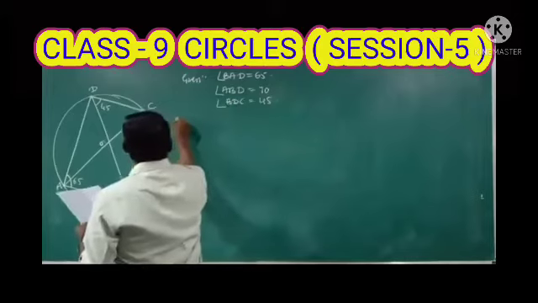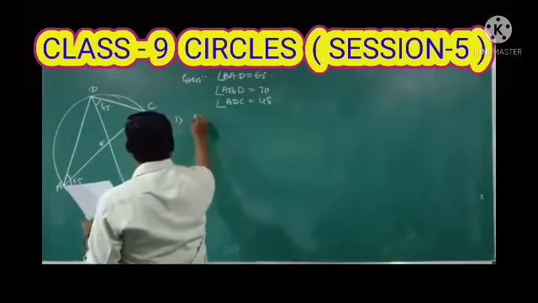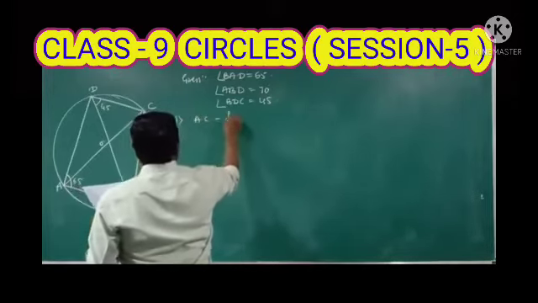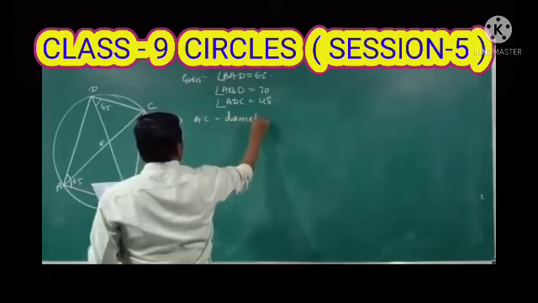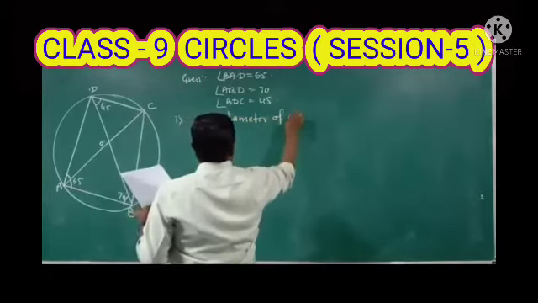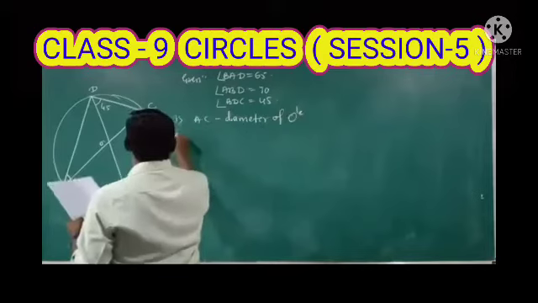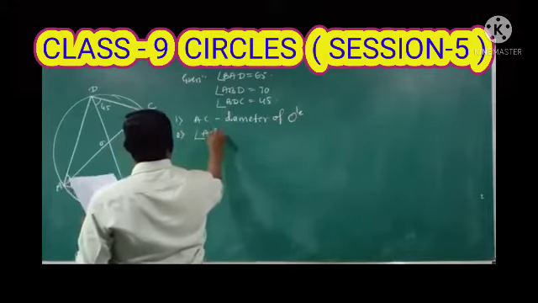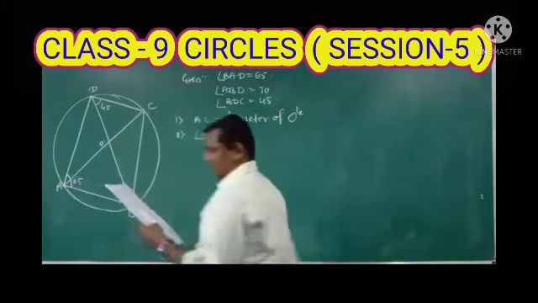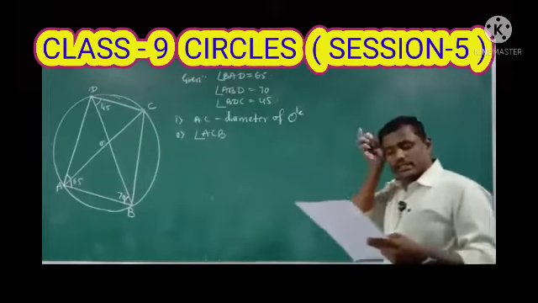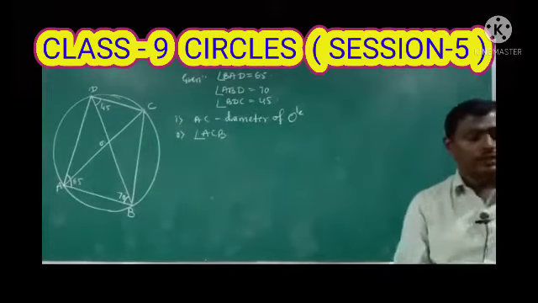So what you need to find here? First one, you need to prove that AC is a diameter of the circle. And second one, find the angle ACB. Find the angle ACB, right?